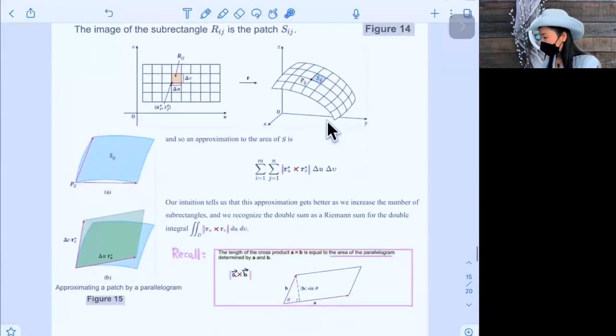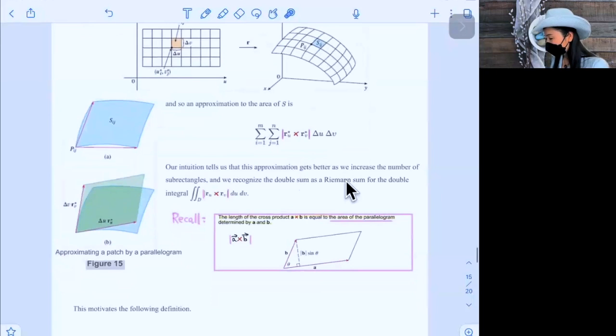We can approximate the area of this patch as the magnitude of the cross product times delta u, delta v. How did this come about? For this parallelogram, remember, the area is the magnitude of the cross product of these two. So when you take the cross product of these two, you get this, and you use the parallelogram to approximate the area of this patch right here.